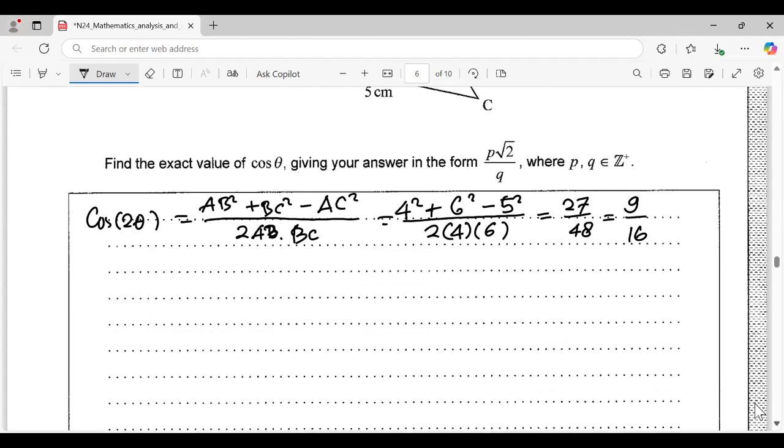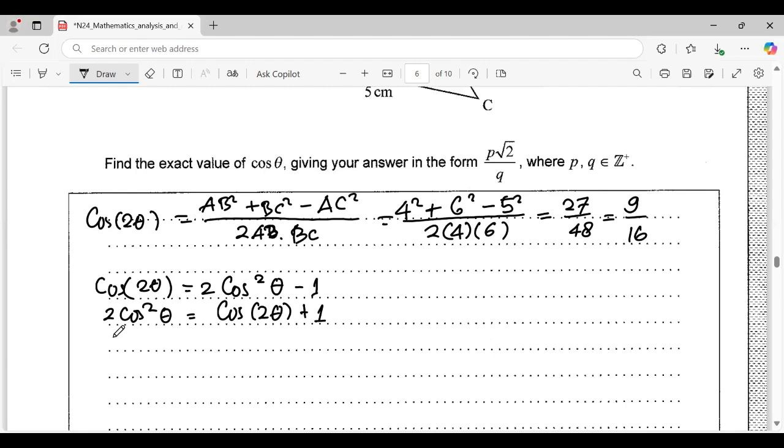Next. Now we are going to use the double angle formula. The double angle formula is cosine 2 theta equals 2 cosine squared theta minus 1, or 2 cosine squared theta equals cosine 2 theta plus 1.